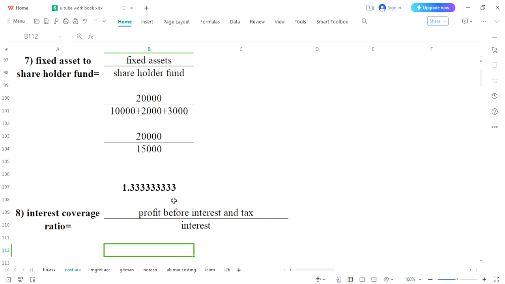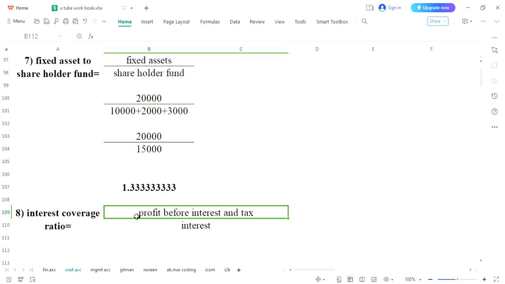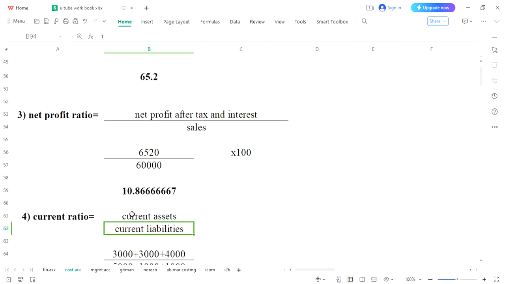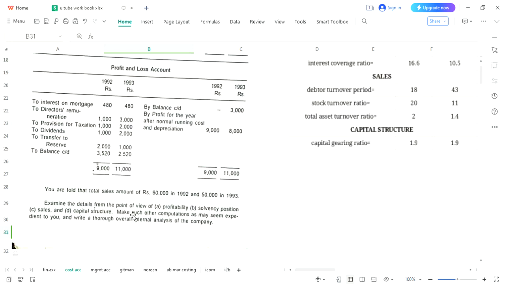We need net profit or profit before interest and tax. Let's get back to the question. Here you can see this is your profit. At this stage, this interest was not charged, this tax was not charged.